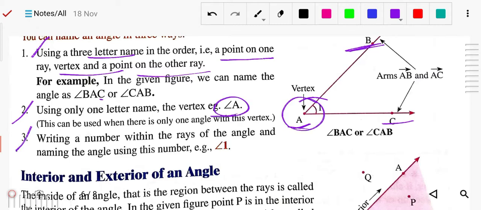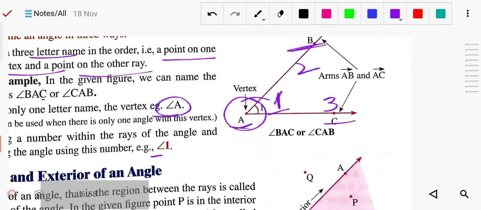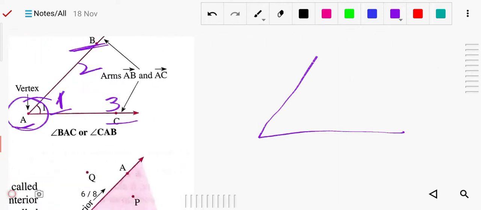The third is writing a number within the rays of the angle and naming the angle using the number, like angle 1, angle 2, angle 3. Suppose we have many angles like this, we can write angle 1, angle 2, or angle 3.